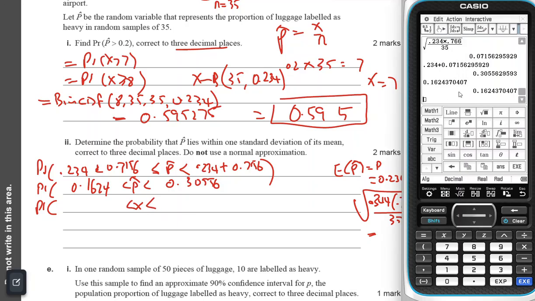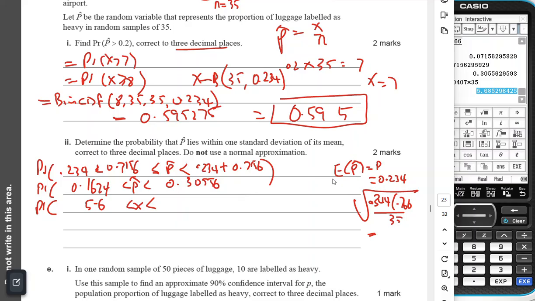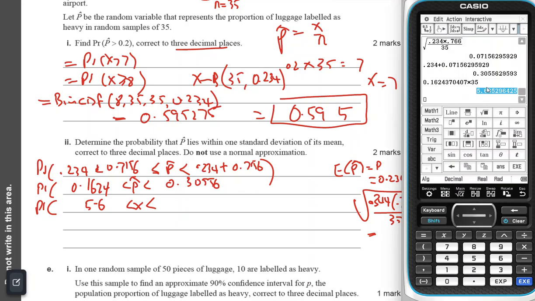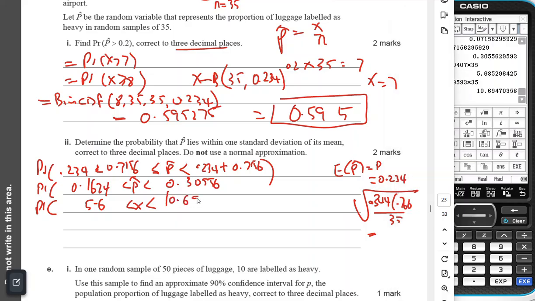So this number times 35 is going to equal 5.6. And this number times 35, 10.69.